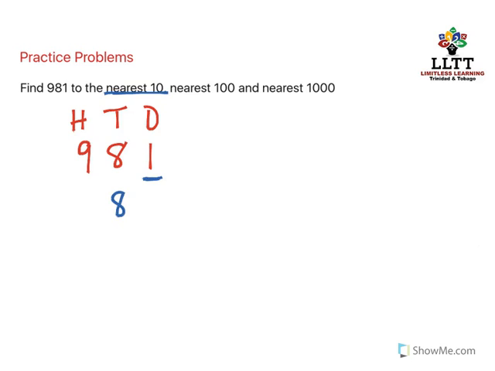And we're going to replace the ones digit with 0. And then we just put back our hundreds. So to the nearest 10, 981 will be 980.